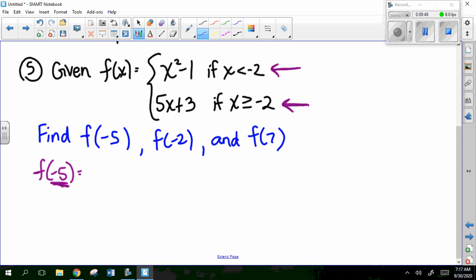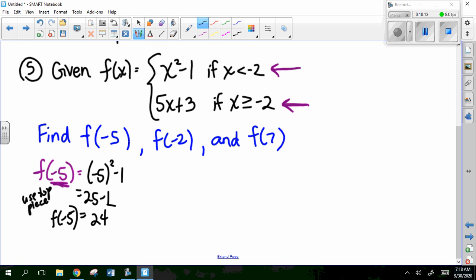That means we are going to use the top piece. When I say use it, I literally mean plug -5 in for x in the top piece. Then I'm going to simplify and get my answer, and that is f of -5.